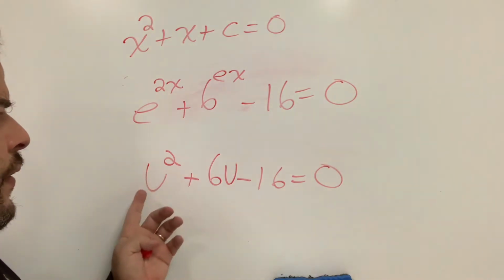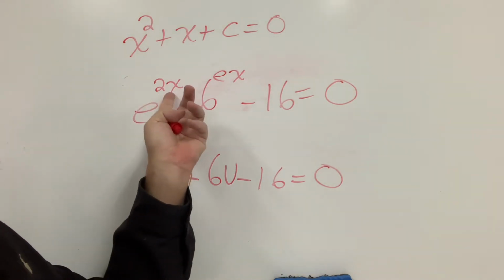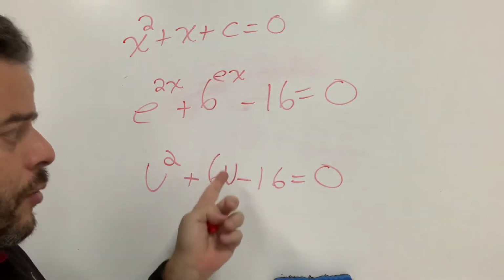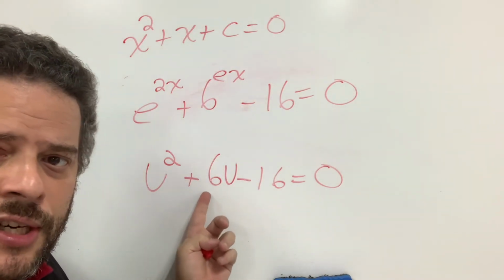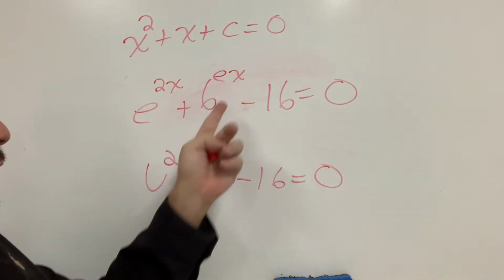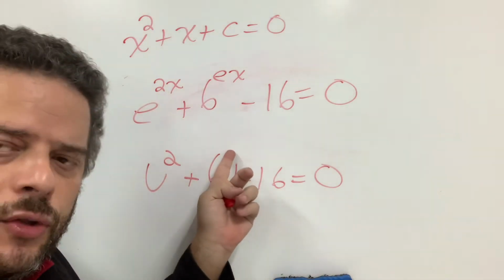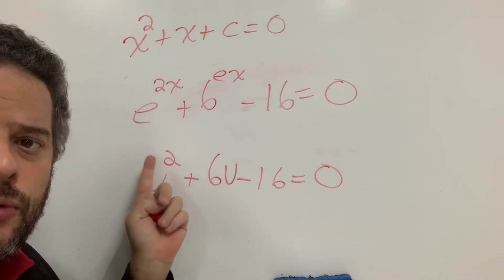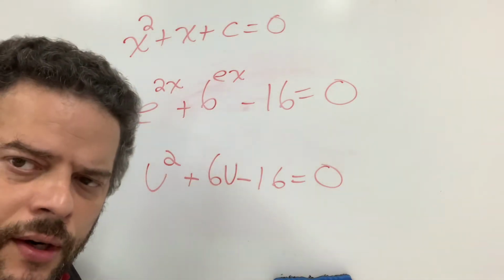All they're gonna do is substitute e to the whatever squared, and then whatever number to whatever exponent, you're just gonna change it as a u. If this were a 4 and this were a 2, you would put a 4 here and a 2 here. But since I have a 2 and a 1 in front of the e, I'm gonna use a 2 and a 1 here on top of my u's.